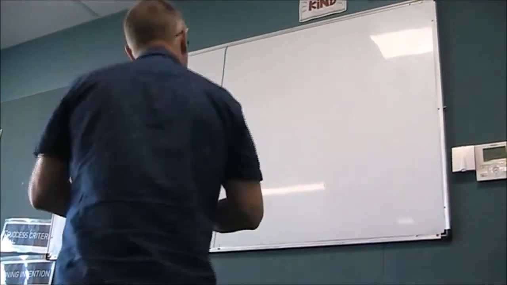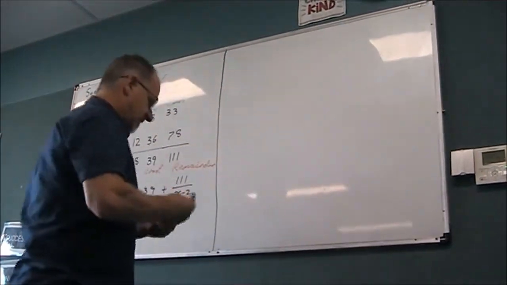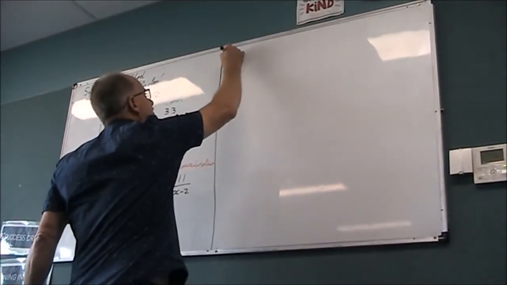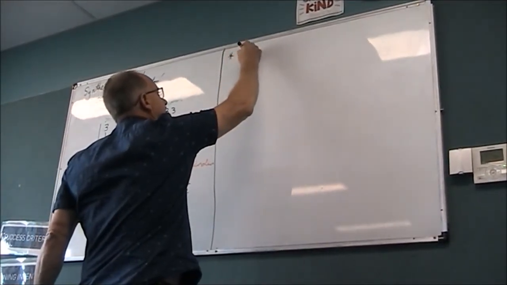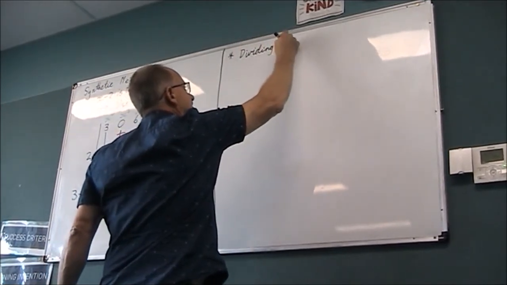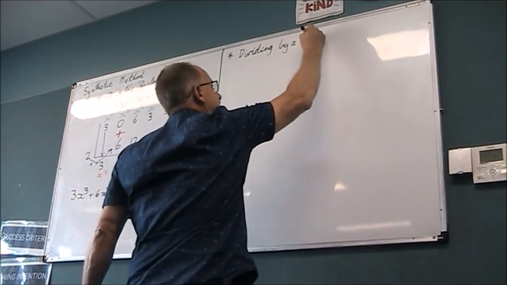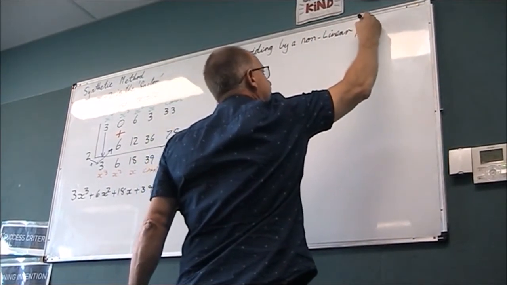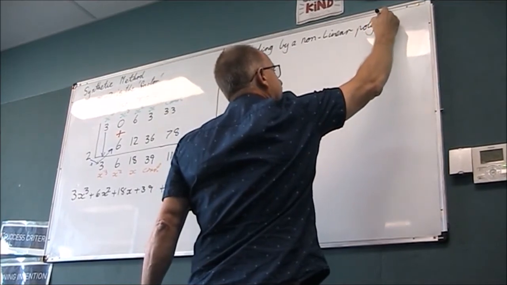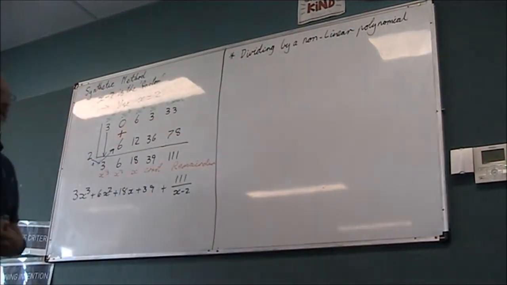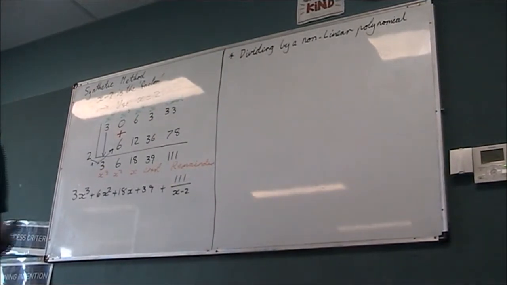So if we're dividing by a non-linear polynomial, that's if we've got, say, an x squared term or higher.